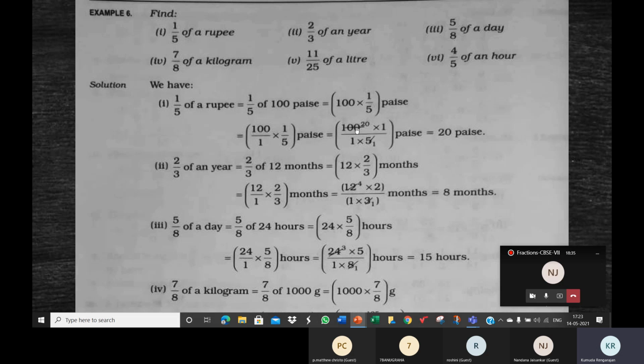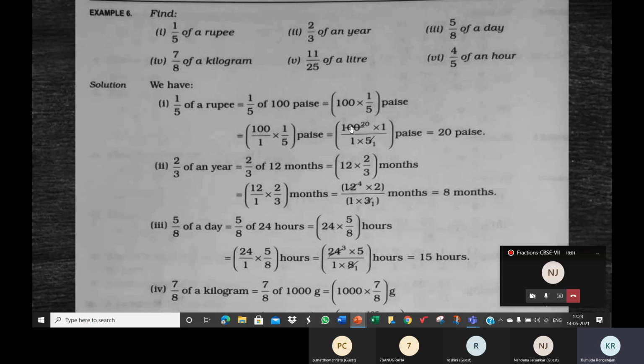In order to simplify, you must take a number from the numerator and another from the denominator and simplify them using the same multiplication table.